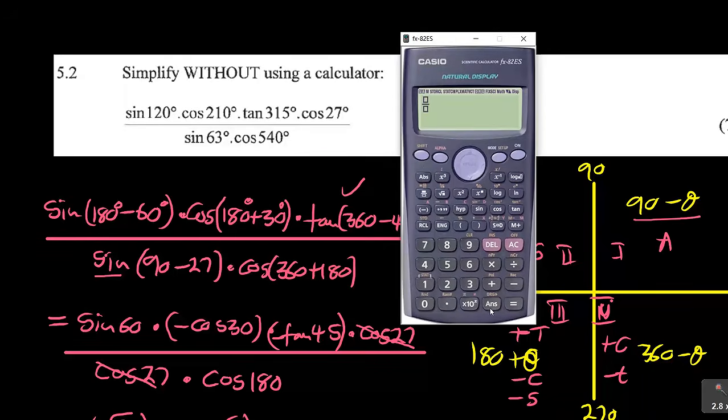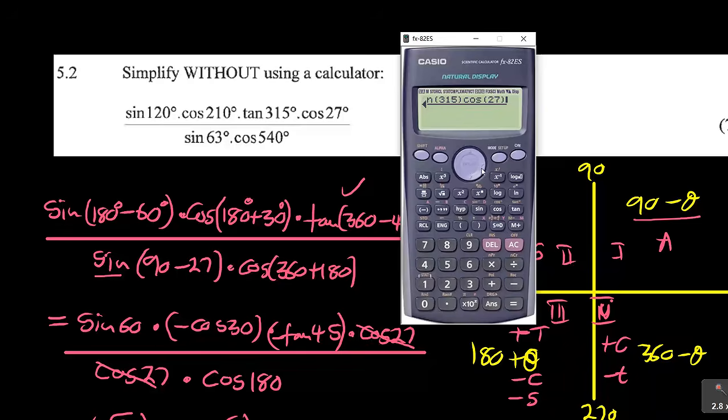So what you have is cos 120 times sine 120 times cos 210, and then tan 315, and then cos 27.